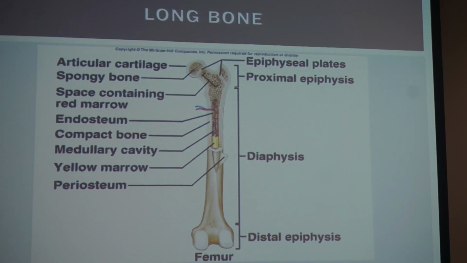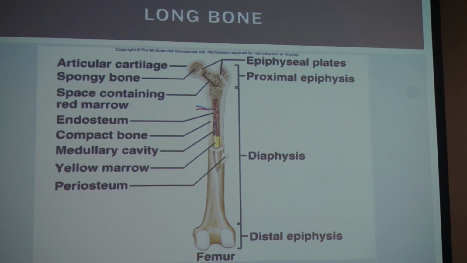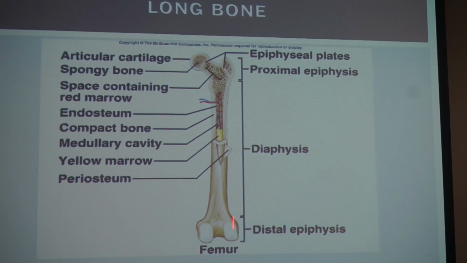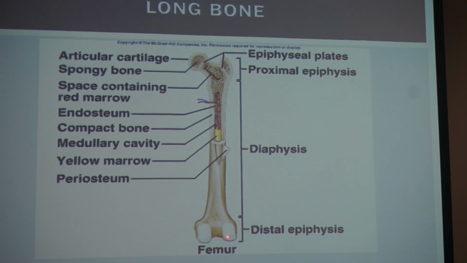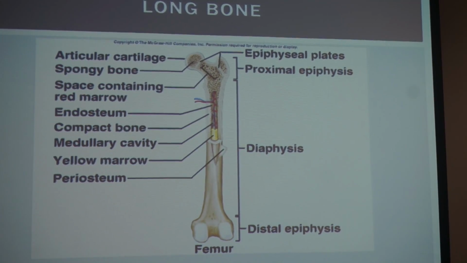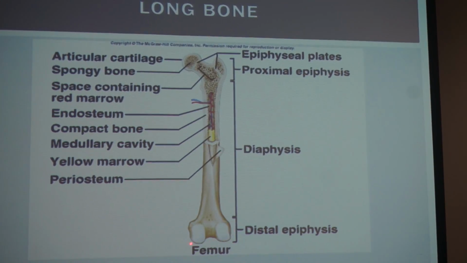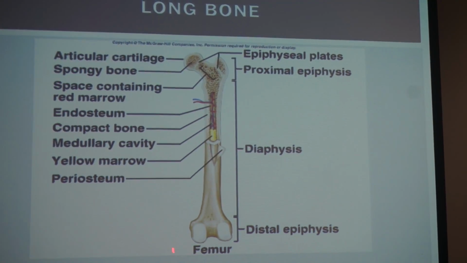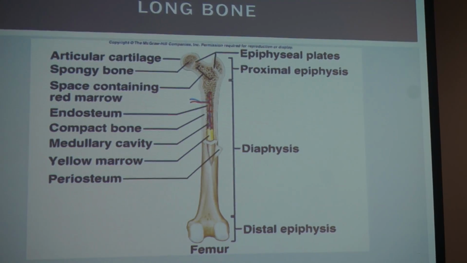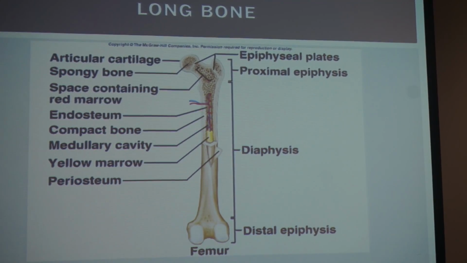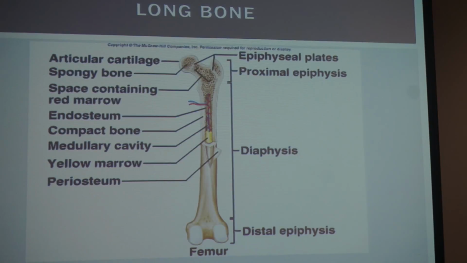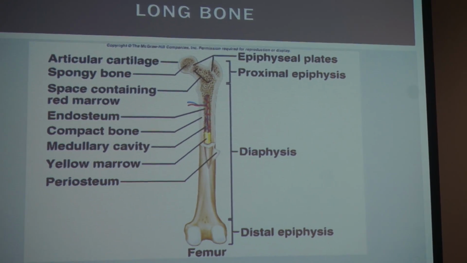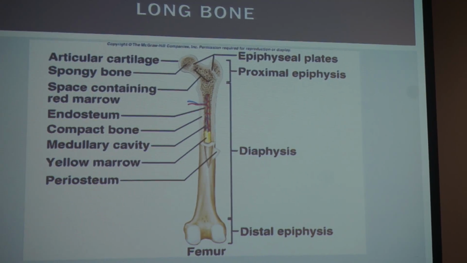And at a later point, I'll bring in our little cut-up bone to show you. It's not going to be the most perfect one. This one is actually a femur. What you have here is the compact bone, specifically in the diaphysis? No, it's on the outside. It's always the outside. The whole outer shell of the bone is compact bone.